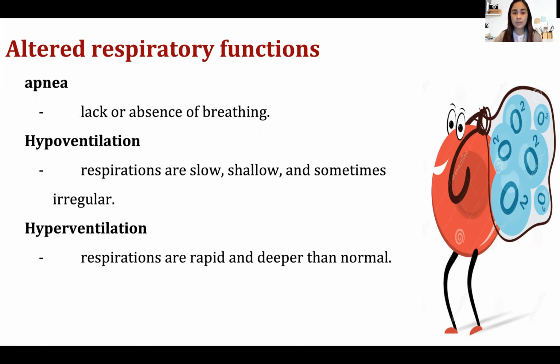Apnea: A means absent, so it is the lack or absence of breathing. Hypoventilation is respiration which is slow, shallow, and sometimes irregular. So, very slow and irregular respiration.